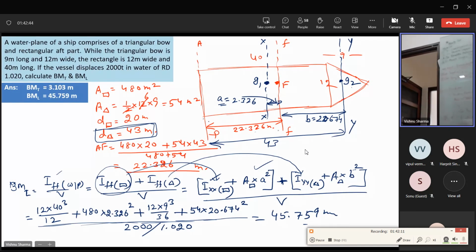But if KB has to be calculated, then moments of volume are taken about the keel, na? Just to answer your question. Yes, sir. Thank you, sir. But in this case, the shape is not given, so you will not be able to solve it in this particular case, right? Yes, sir.